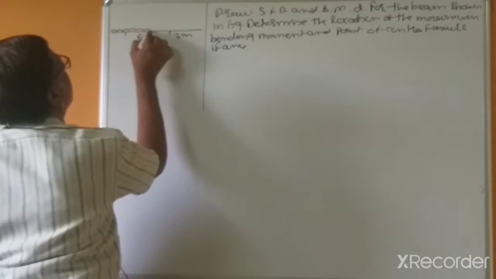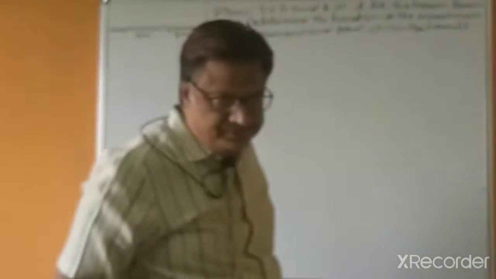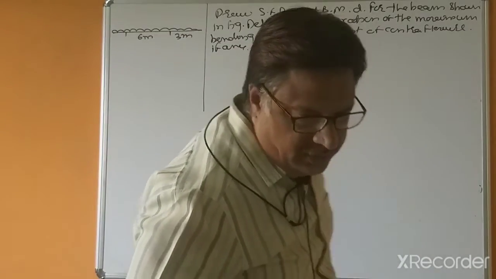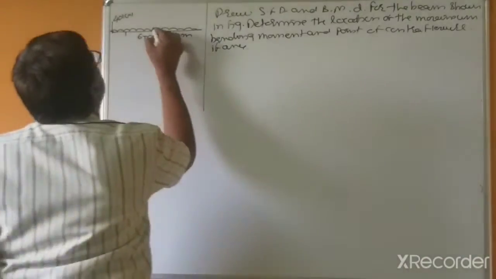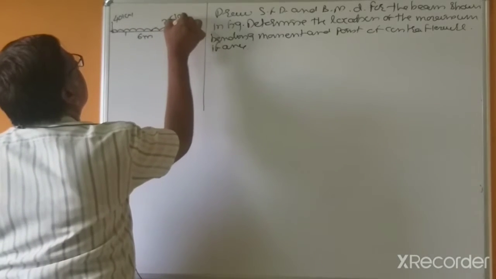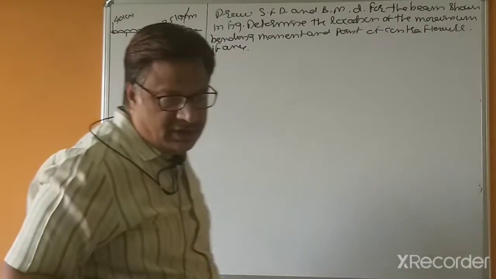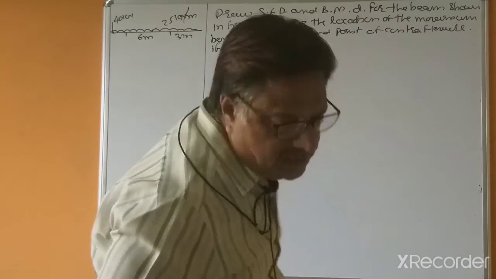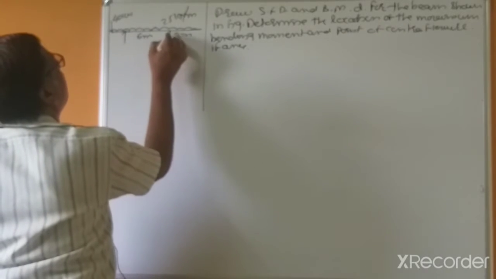Uniform distributed load, 40 kilonewton at the end, and this is total uniform distributed load 25 kilonewton per meter. And this is a simply supported beam with overhanging.